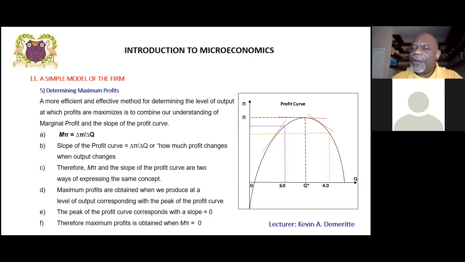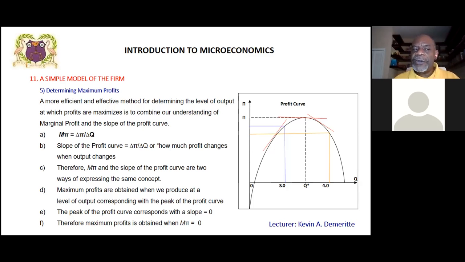So at the very top of that curve, we know you have a slope equal to 0, and we have a marginal profit which is equal to slope, but therefore at the top of that curve, the marginal profit must be equal to 0. That's all we're saying here. At the top of that curve, we know there's a slope that's equal to 0. That means there's a flat line.